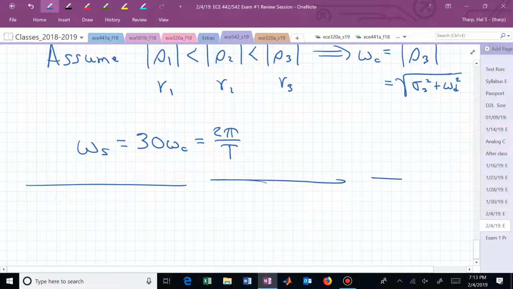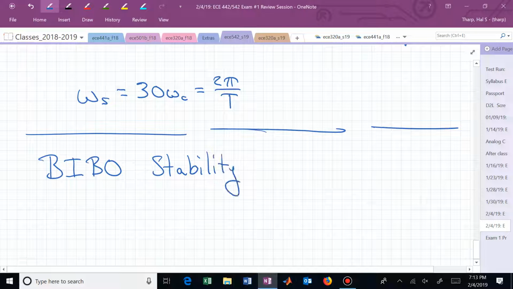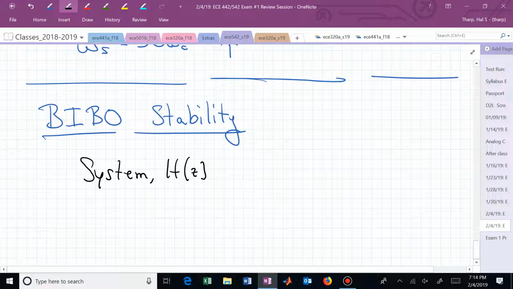What about stability? And here we're interested in bounded input, bounded output stability. Suppose now we have a transfer function or a system H of s and it has all of its poles. So for bounded input, bounded output stability, here's really the definition.